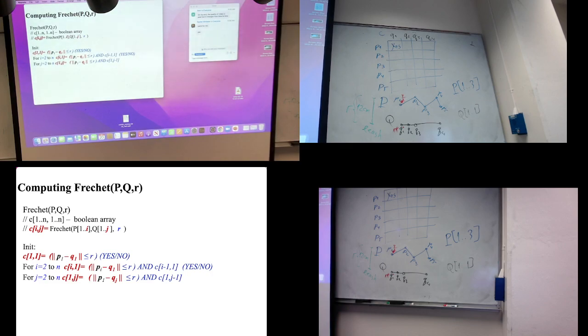So C11 in particular is 1 in this case. And how do I know, in the initialization, what is C11? I'm checking if the distance between P1 and Q1 is smaller or equal to R. Remember, it's a Boolean value. The distance between P1 and Q1 smaller than R is a Boolean value.